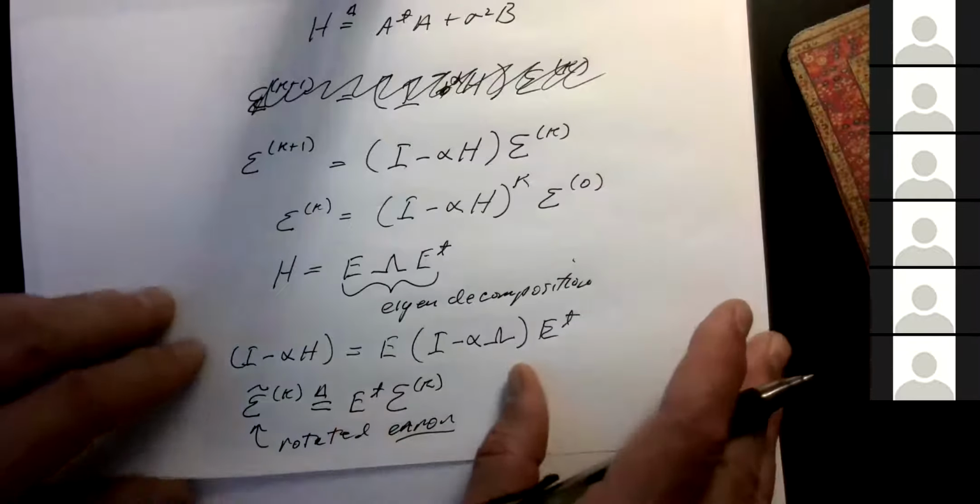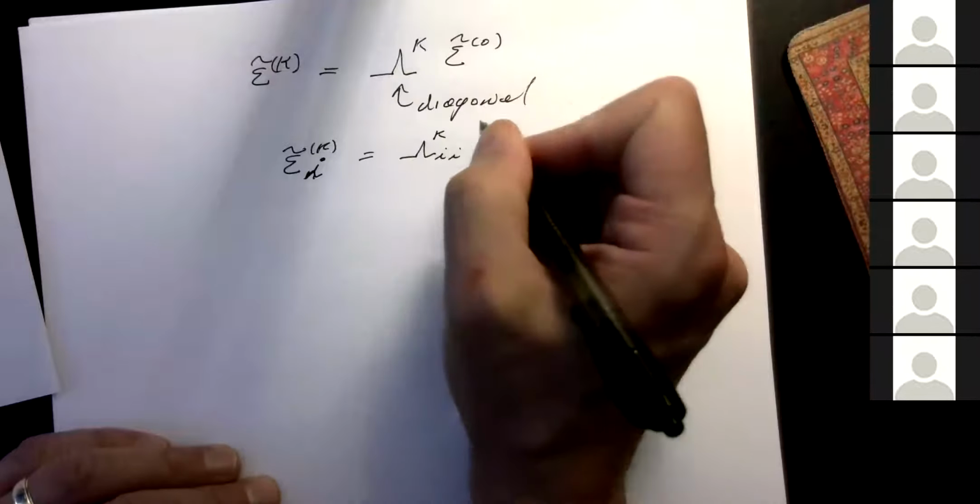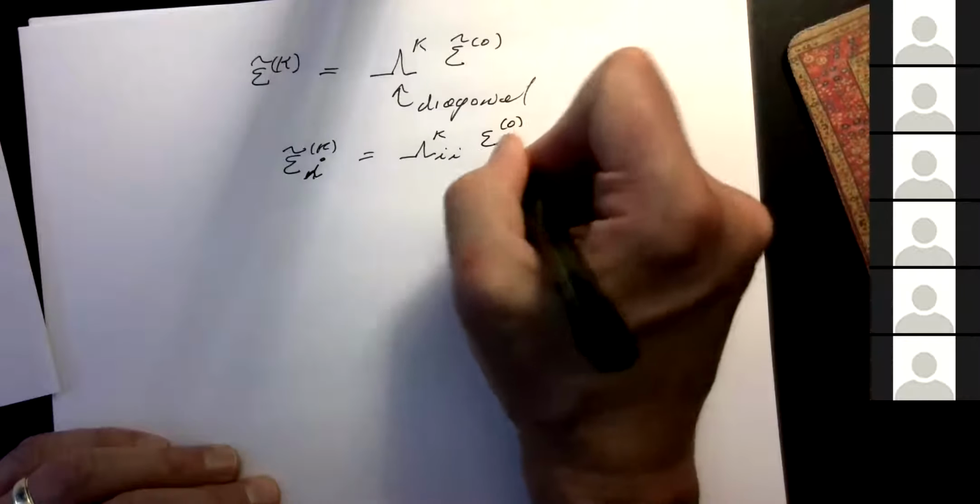So if I do that, I get that epsilon tilde k is equal to I minus alpha lambda to the k times epsilon tilde 0. But this is diagonal. So if you look at the individual components, let's say i, this is going to be equal to the quantity to the k times epsilon tilde 0 i.